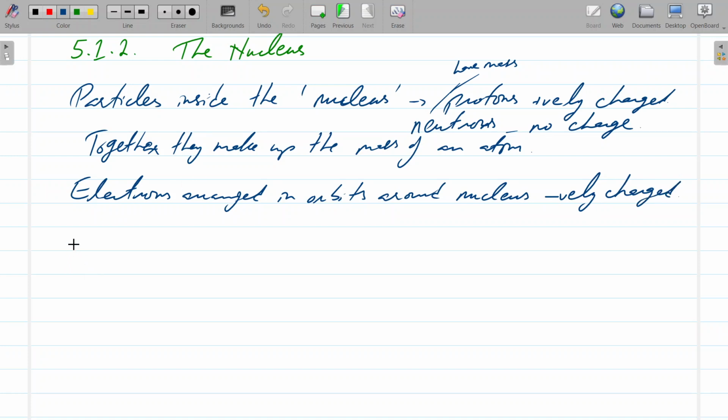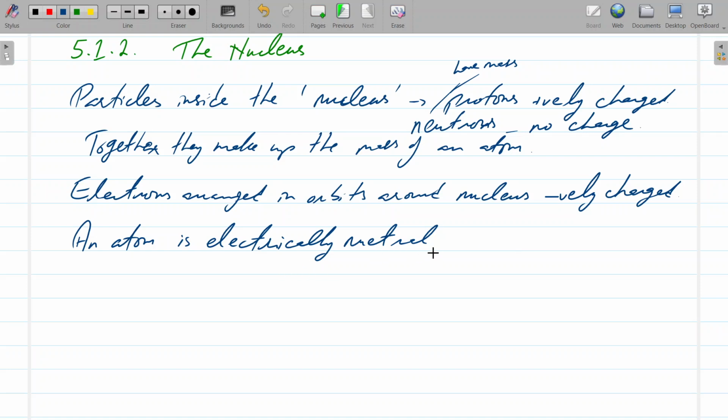An atom on its own, of any element, which hasn't undergone any reaction or been mingled with, is electrically neutral overall.